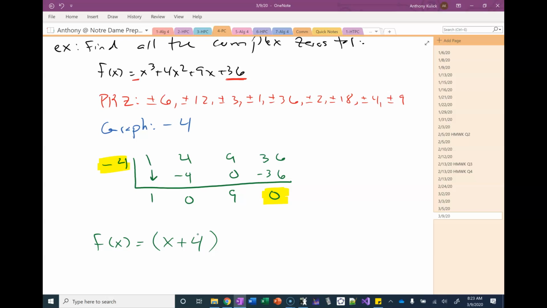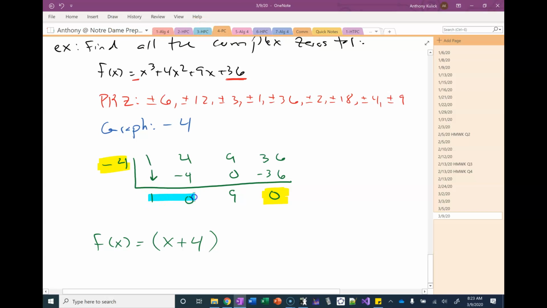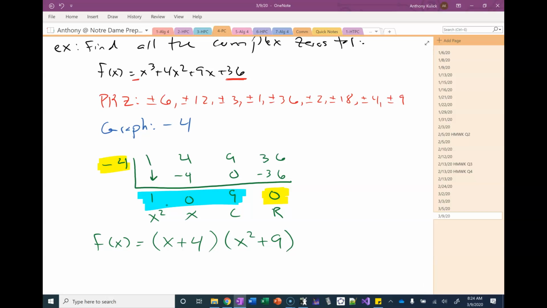So I know that the polynomial x plus 4 is a factor, right? What other polynomial do I have left there also? Well, really just x squared plus 9. Remember, remainder, constant, x, and then x squared. Because the coefficient on x is 0, it just goes away, right? Everybody good with that?